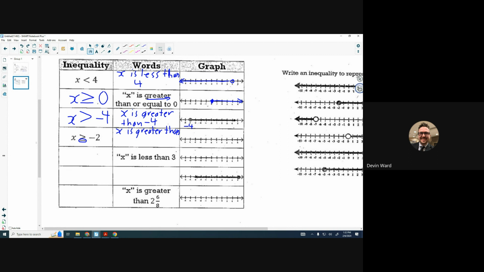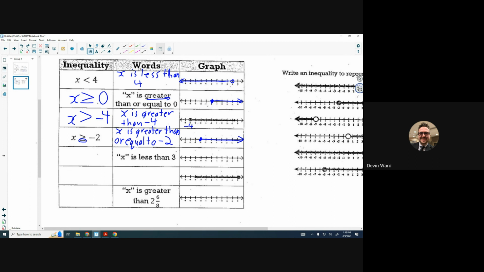So it's greater than or equal to -2. Okay, so that means that at -2, I need a solid dot. It's solid because it's greater than or equal to. It can also be -2. And I know that x is going to be bigger than this number, so all bigger numbers will always be to the right.